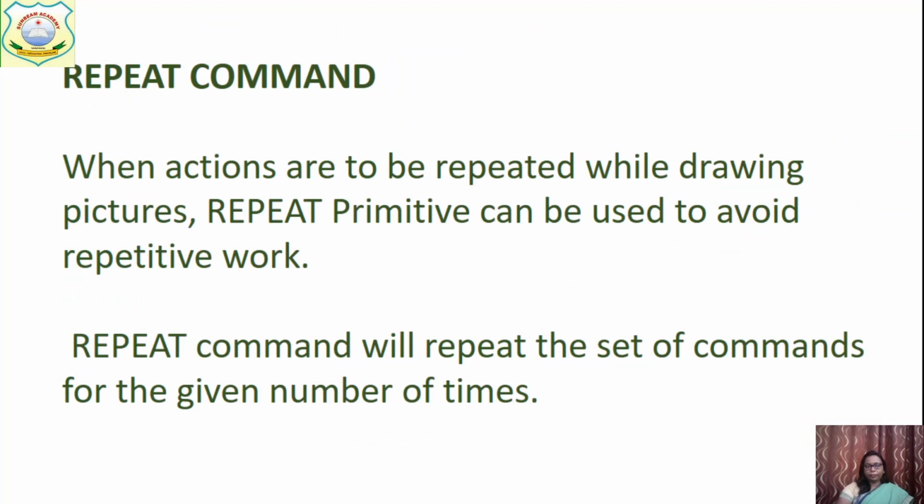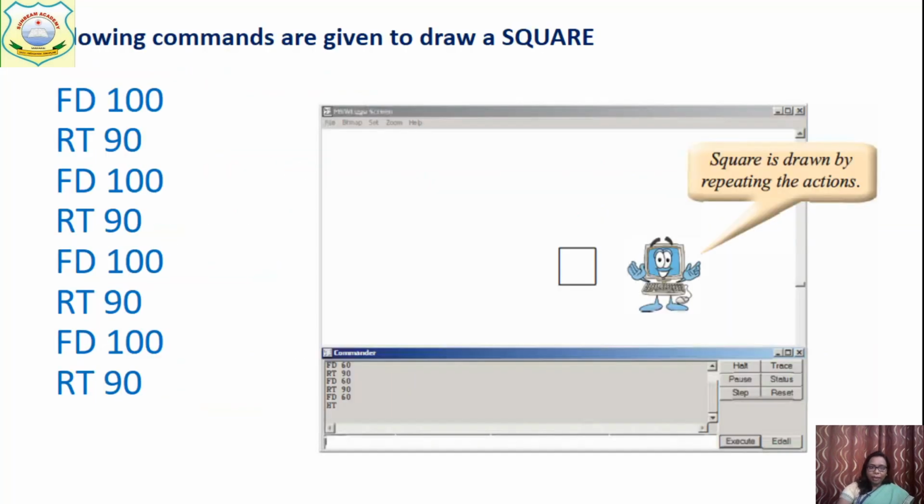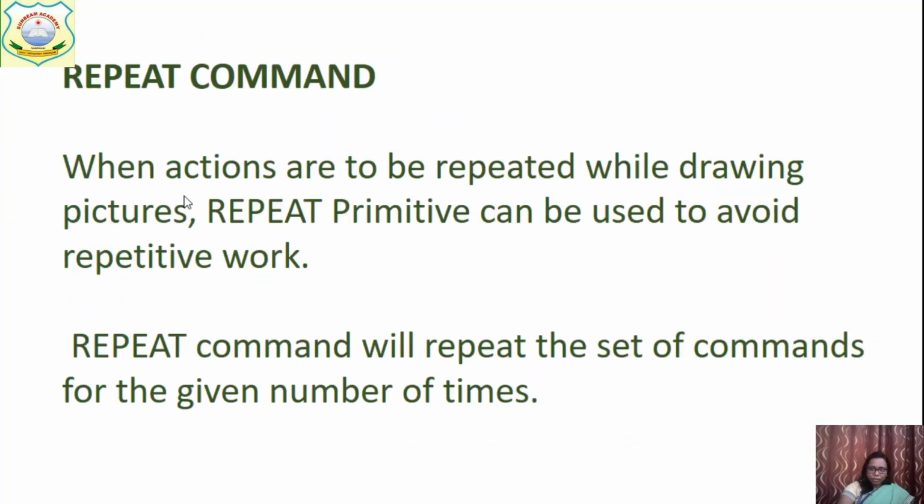Just see, first we will see what the repeat command is. The repeat command will repeat a set of commands a given number of times. We have two commands, FD 100 and RT 90. This is repeated 4 times now. So what is written here? The repeat command will repeat the set of commands for a given number of times.